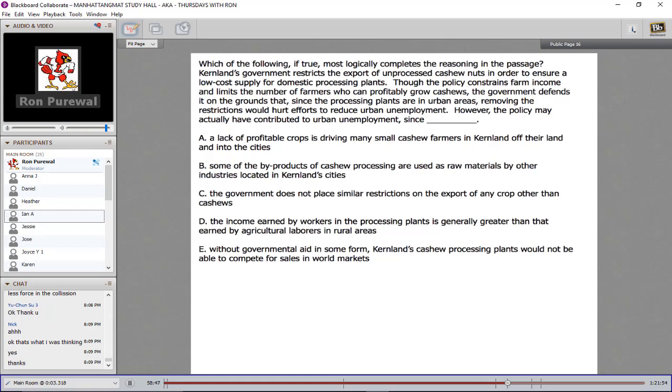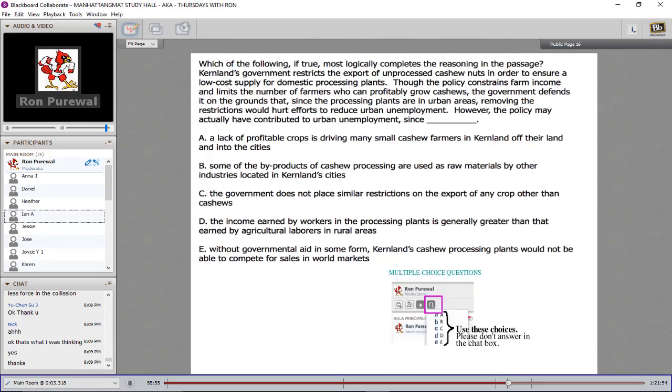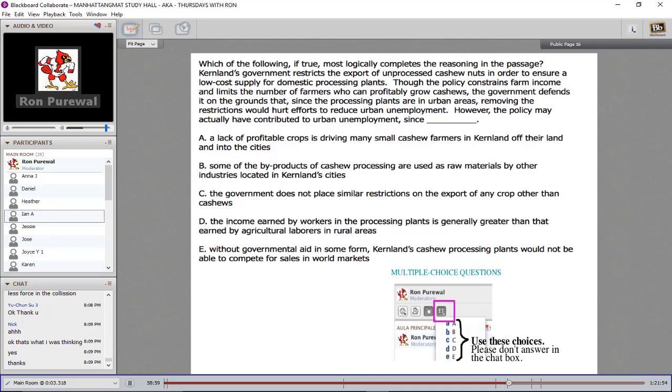Don't forget where the multiple choice answers are found. Okay. If you're not actually making progress, just pick a choice.